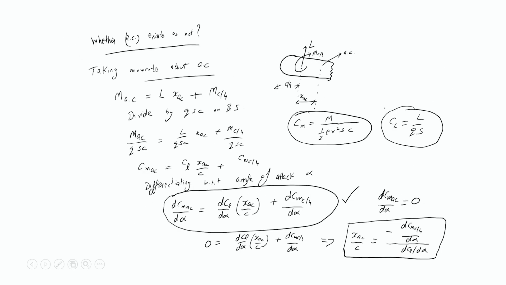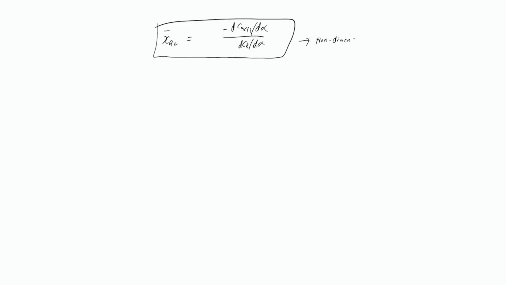So that means we have some number divided by some number with a negative sign. So the aerodynamic center point actually exists. And if I want to non-dimensionalize this, I can write x bar AC equals minus dC_M,c/4 by d alpha divided by dCL by d alpha. This we generally write in non-dimensional form. Whenever I put a bar over some term, that means it is non-dimensional.